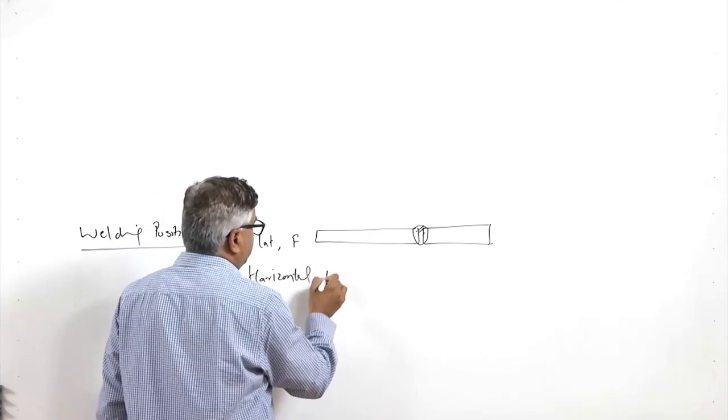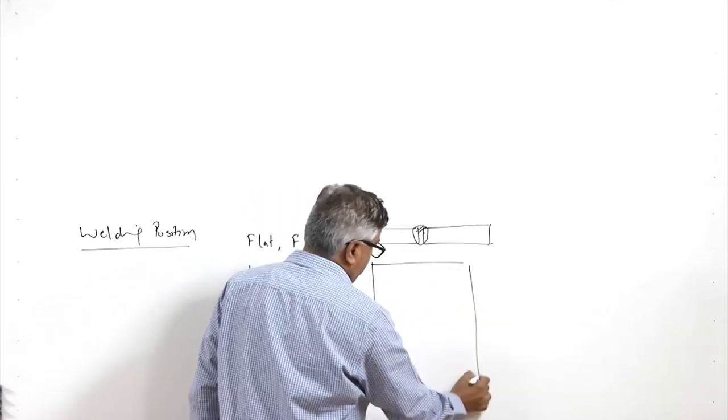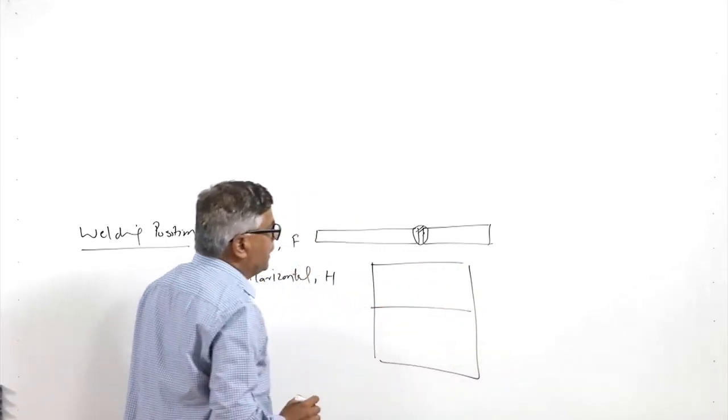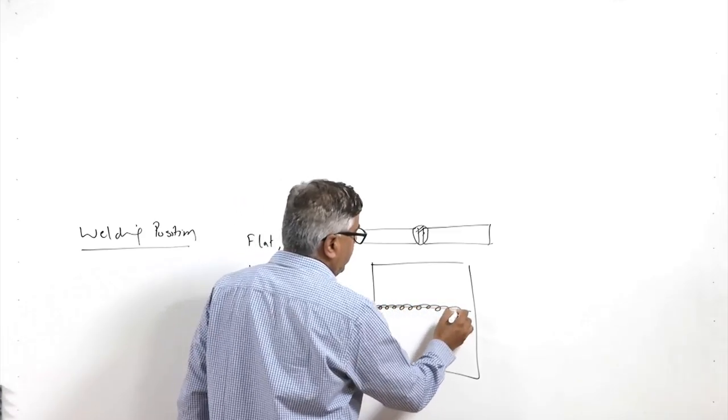Then there is horizontal welding, represented by the letter H, where the plates are to be joined in a vertical plane, and the joint is made horizontally in that vertical plane.